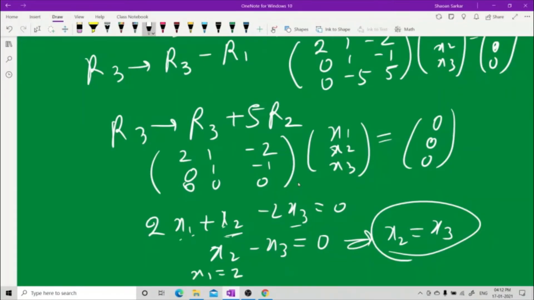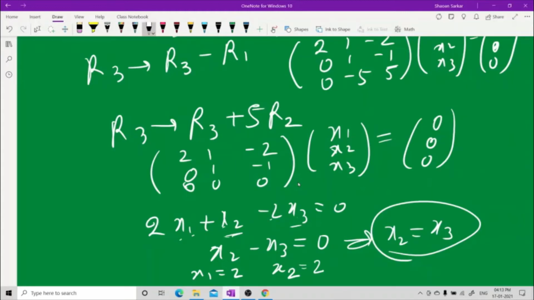I take x2 and x3 has to be same. So if I take x2 as 2, then x3 will be 2.